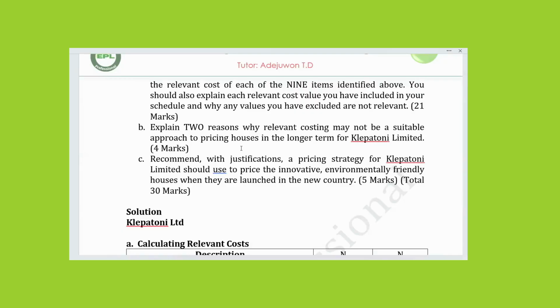When you're able to make profit, that means the company will be able to create value for the owners. So if you are quoting a price that will make you break even, you will not be able to achieve your primary objective, which is to maximize shareholders' equity value or shareholders' worth. And that is why relevant cost is not a suitable approach for pricing houses in the longer term.